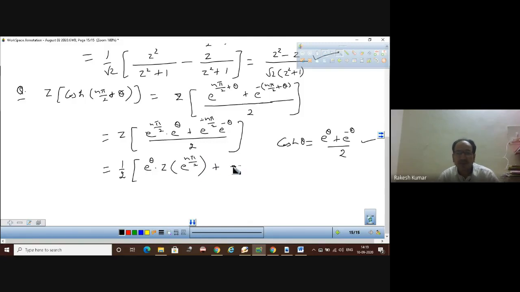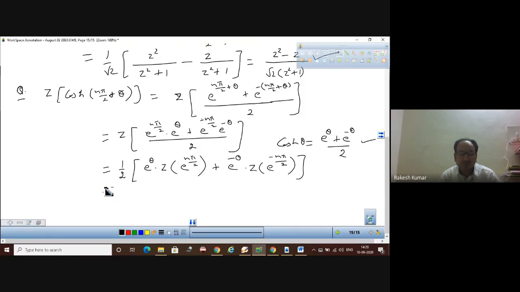And similarly, e raised to power minus theta is a constant. Its z transform cannot be computed, because we don't know the value of theta and we don't have n here. So it can be written as it is into the z transform of e raised to power minus n pi by 2.